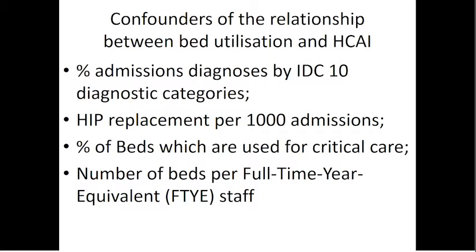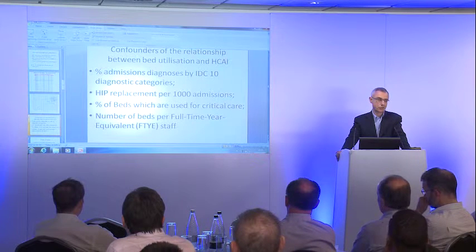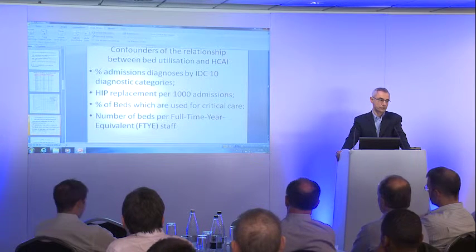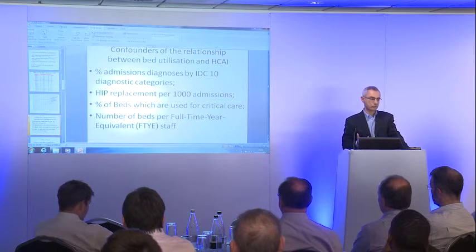What is the problem when we try to link the efficiency with the healthcare-acquired infection? The problem is that the percent of admissions diagnosed by ICD-10 diagnostic categories may be different in hospitals with longer length of stay, and therefore there is a problem of confounding.